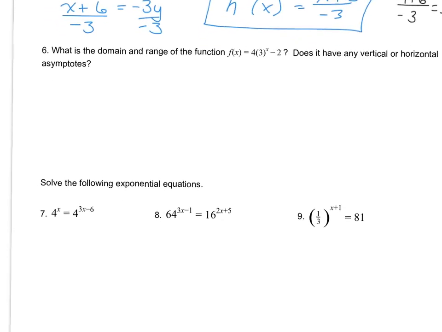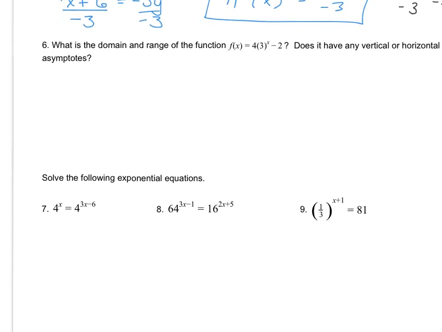All right, number 6 asks, what is the domain and range of the function 4 times 3 to the x minus 2? So this is an exponential graph. If you graph it on Desmos, that would be a good idea because you can see what the graph looks like. But I know the graph is going to look something like this.